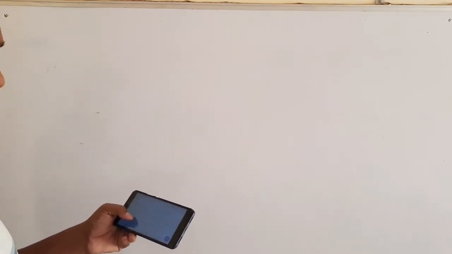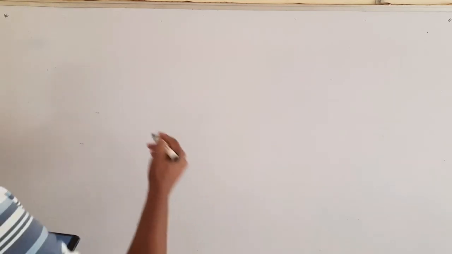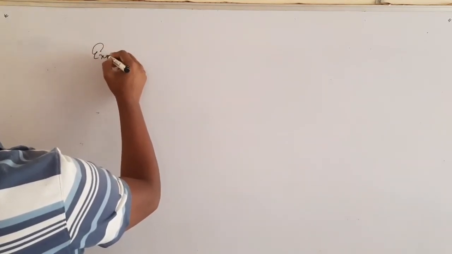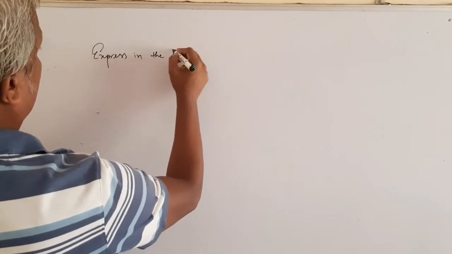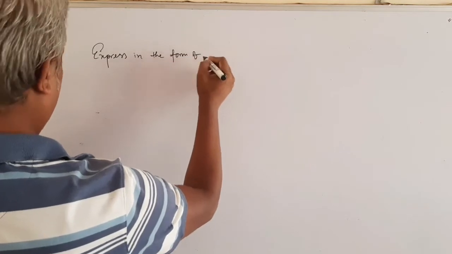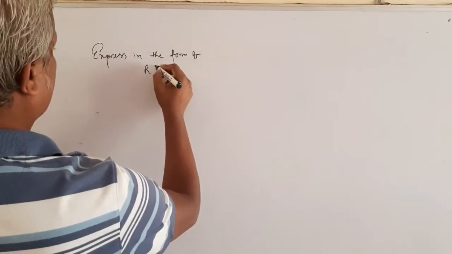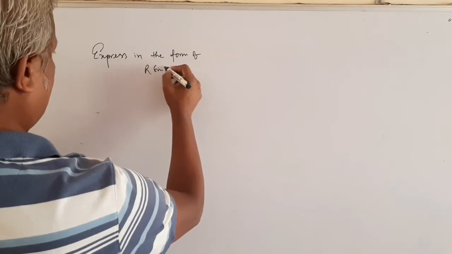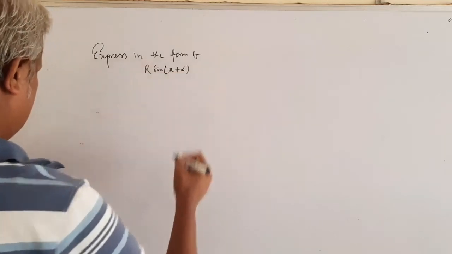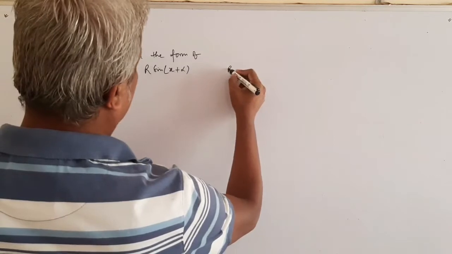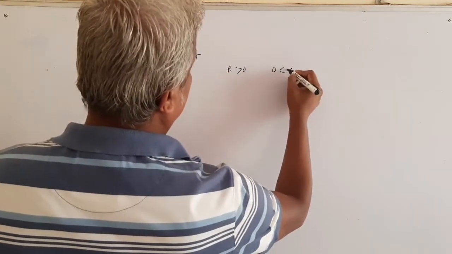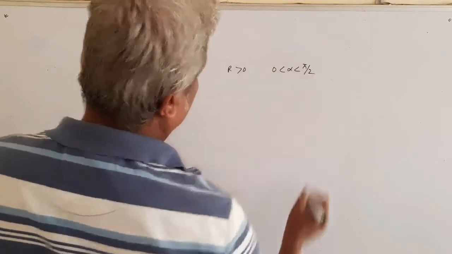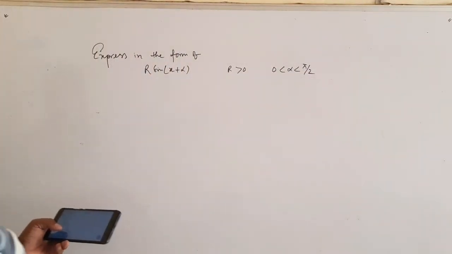Saket, and this question goes like that: express in the form of r sine x plus alpha, where r is greater than 0 and alpha is lying greater than 0 and less than pi by 2.